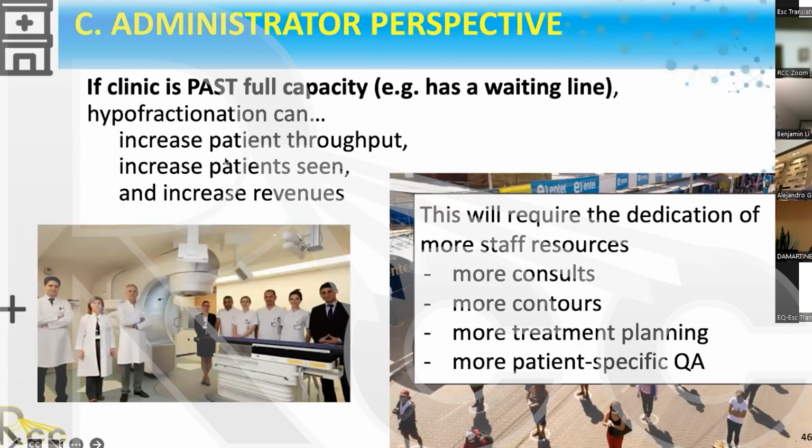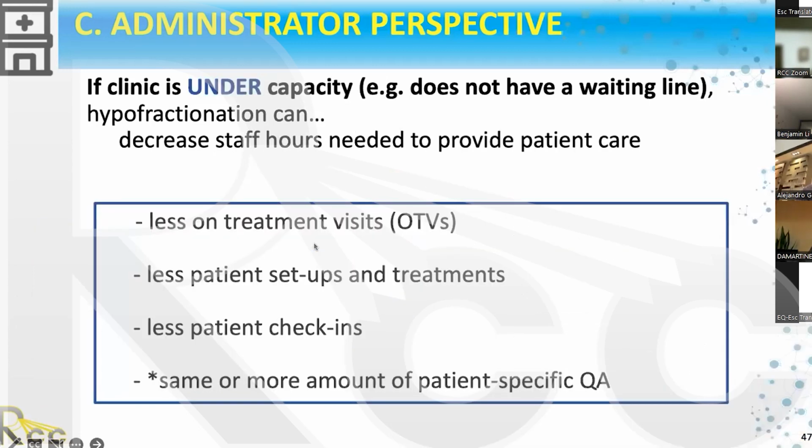Nevertheless, when we are seeing more patients, we need to make more simulations, we have to make more plans, and this will require the dedication of the whole staff. More consultations, if the clinic is working beyond its capacity.